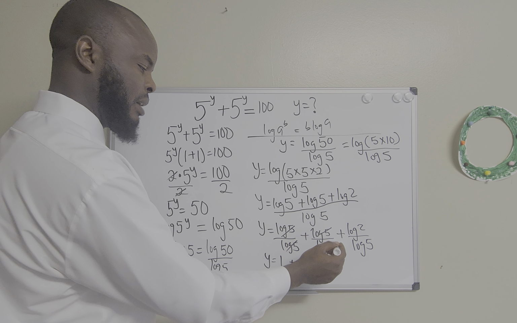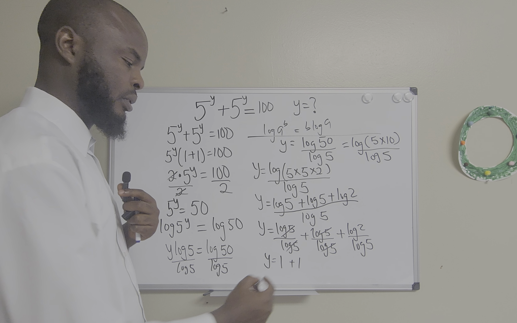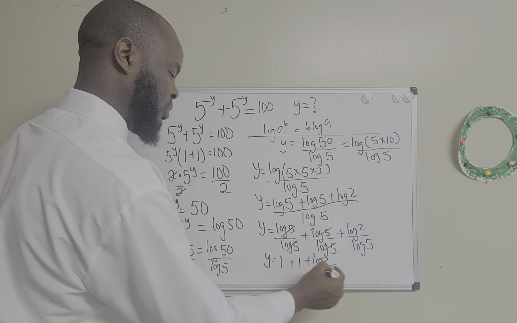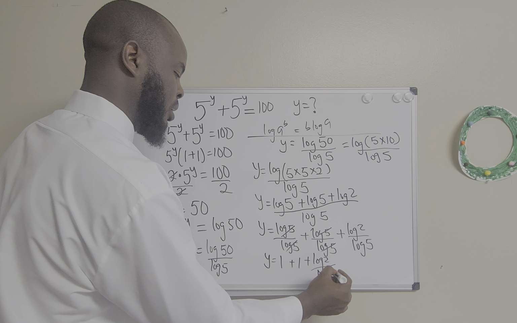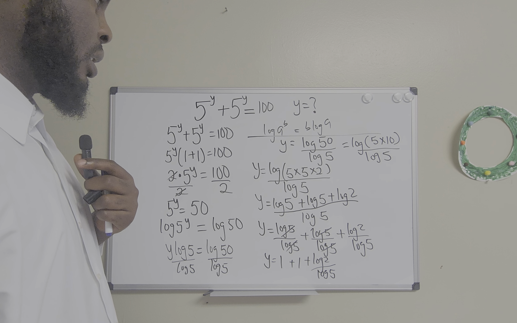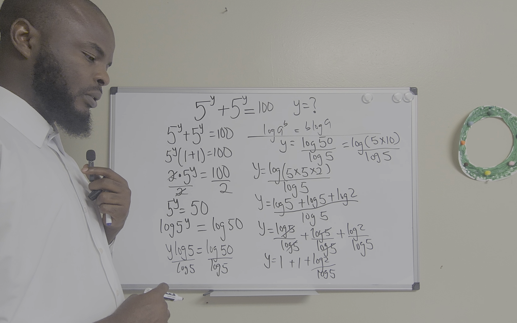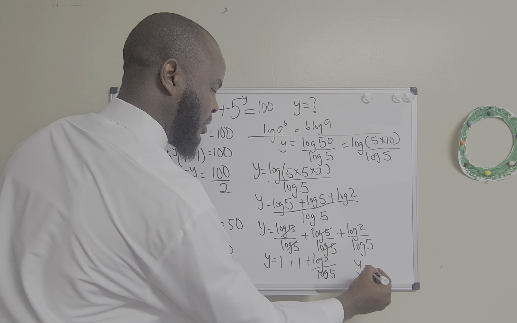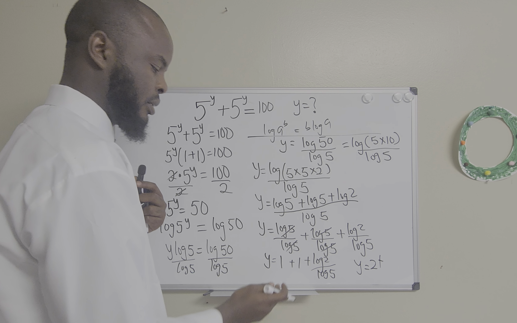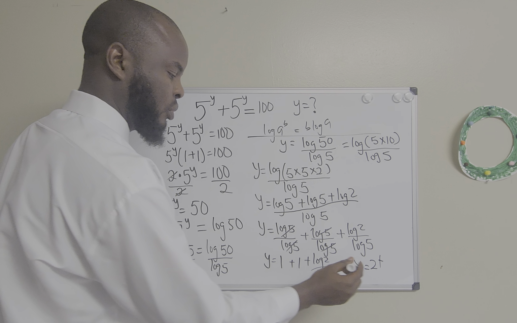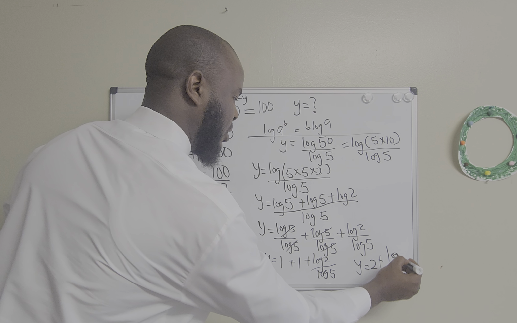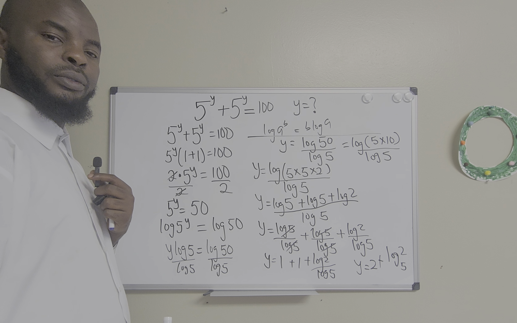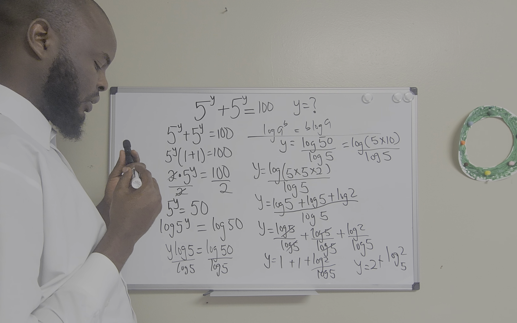Plus log 5 divided by log 5 is going to be 1. Plus log 2 divided by log 5. And from here, we can say that finally, y is going to be 2, since 1 plus 1 is 2. Log 2 divided by log 5 can be written as log 2 base 5. This is what we've got.